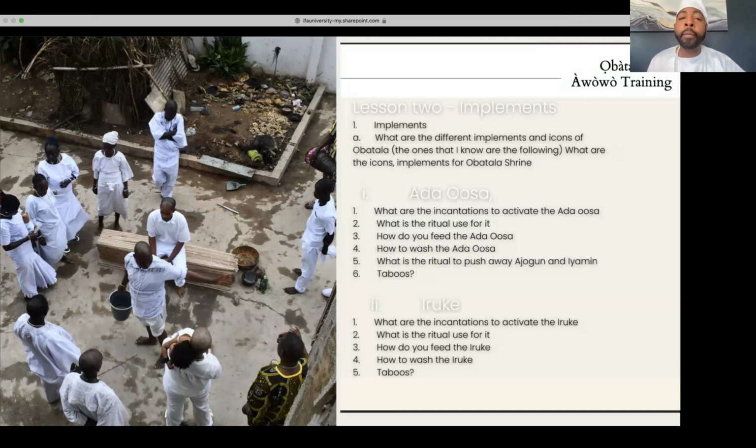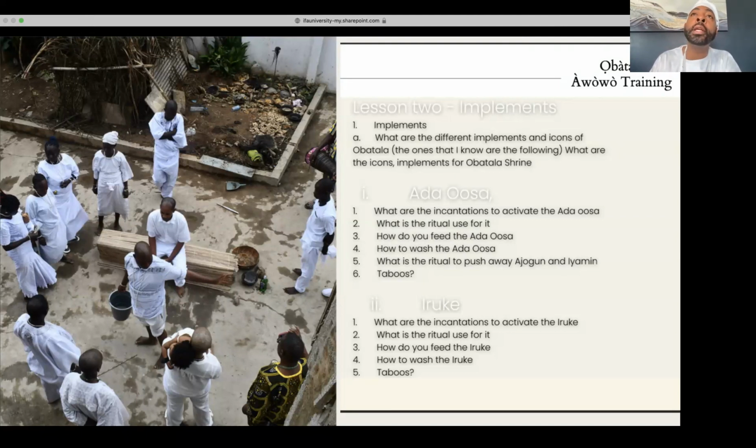I know this word gets kind of mistranslated, but we'll talk about that later, Iyami, or people who use it negatively, from my understanding, but we'll go into that deeply. There was a story about how some people were using things negatively against Obatala, and he used the Ada to push it all away. So that's a good ritual importance.